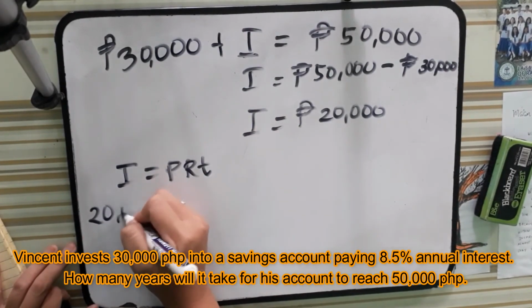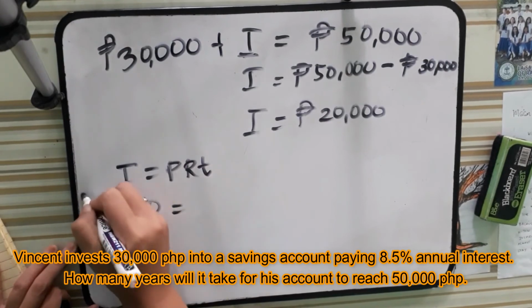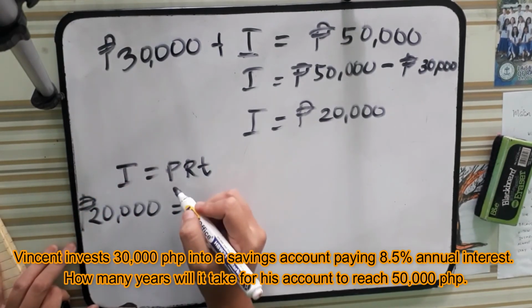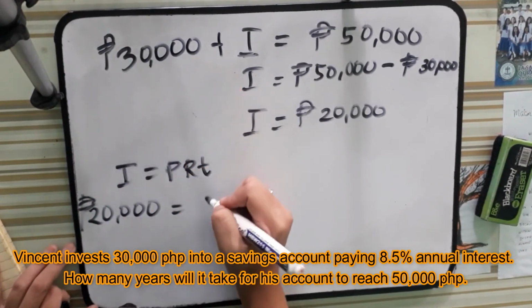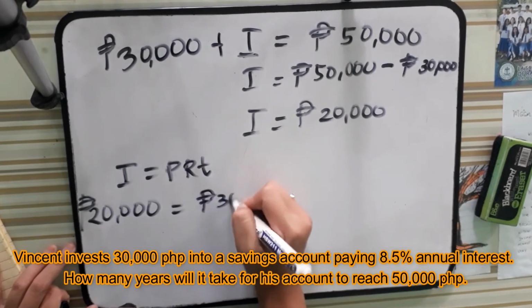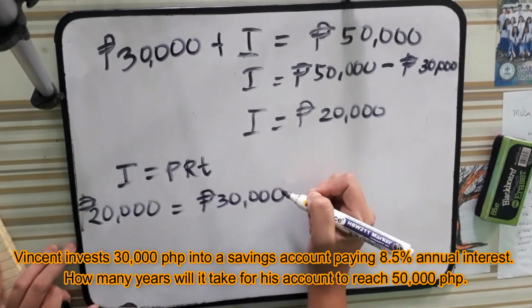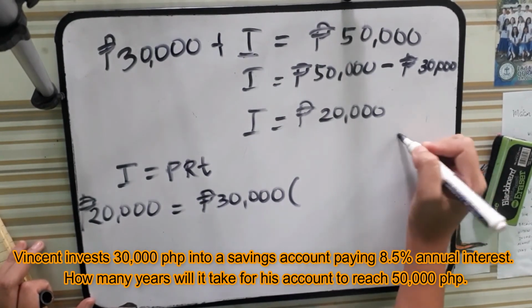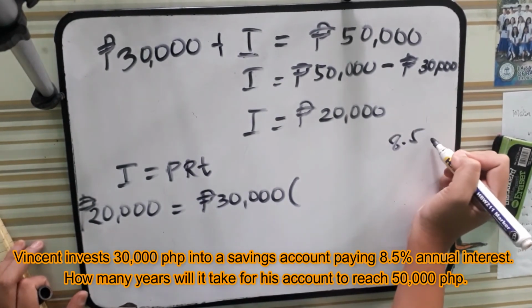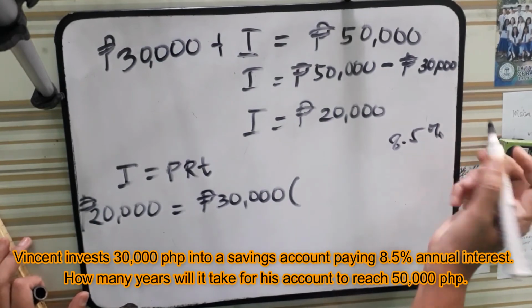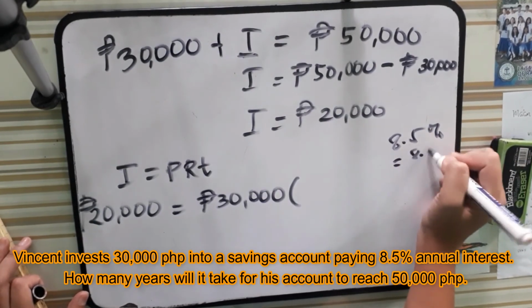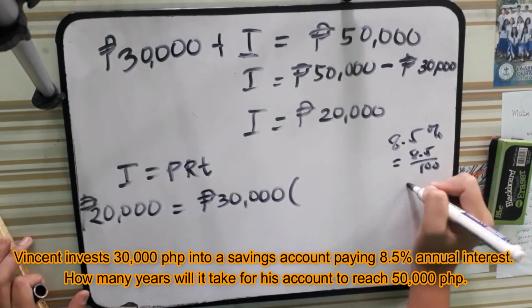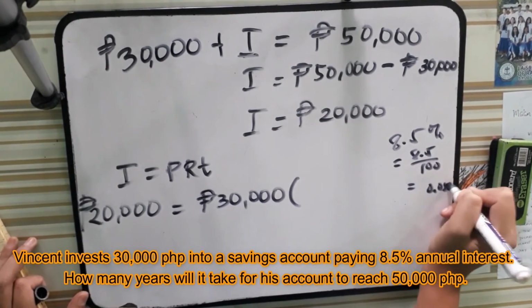Just substitute 20,000 here. It is equal to our P, the principal, which is 30,000. And as stated a while ago, the interest rate is 8.5%. 8.5 converted to decimal is 8.5 over 100, or simply 0.085.